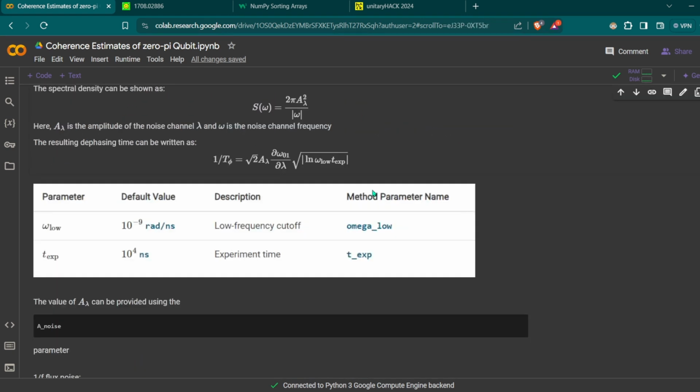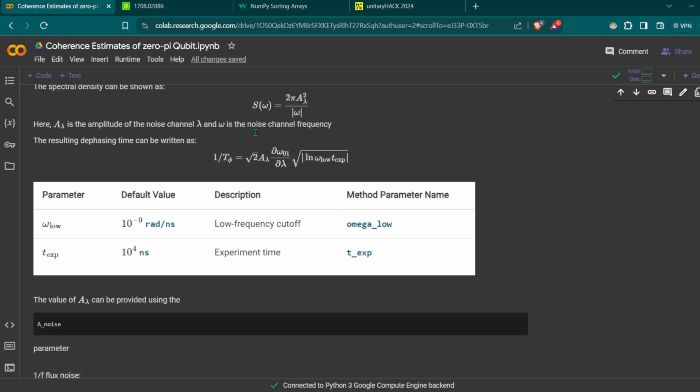We can write the spectral density as S of omega, where omega is the noise channel frequency, equal to 2 A lambda squared divided by the modulus of omega, where A lambda is the amplitude of the noise channel lambda.